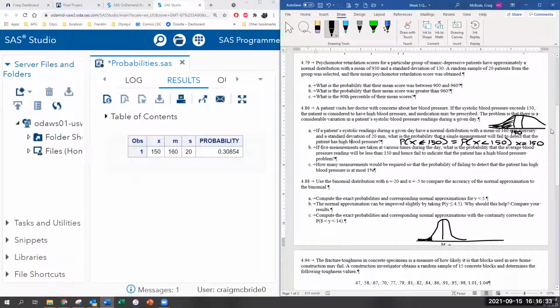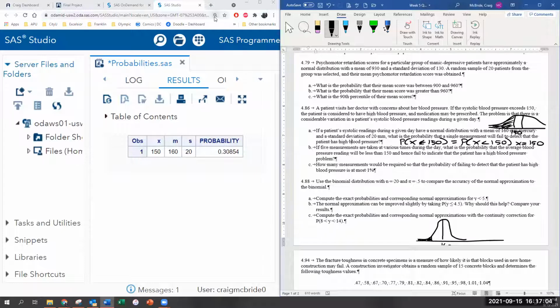The central limit theorem tells us that there's a very direct relationship between how many measurements you take and the effect that it has on the standard deviation. You literally just take the original standard deviation and divide by the square root of your sample size. So if you take 5 measurements instead of 1, you're now going to take that 20 standard deviation and divide it by the square root of 5.